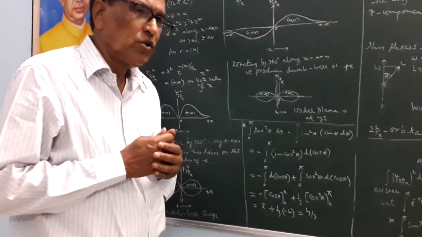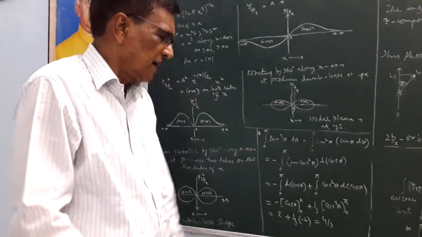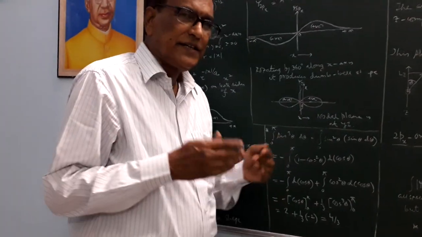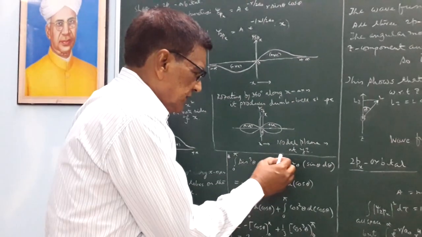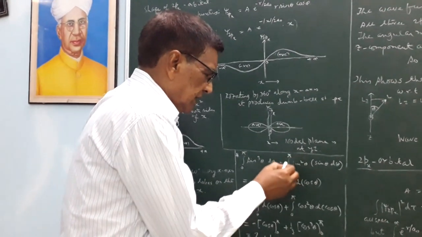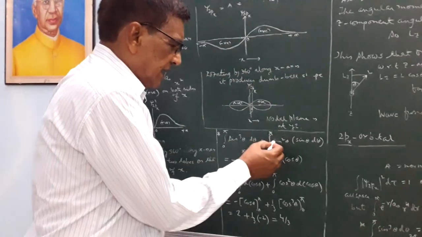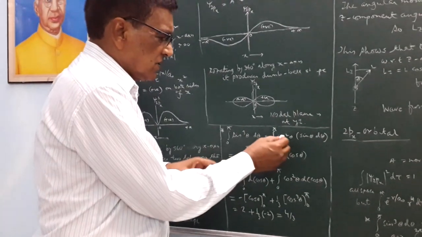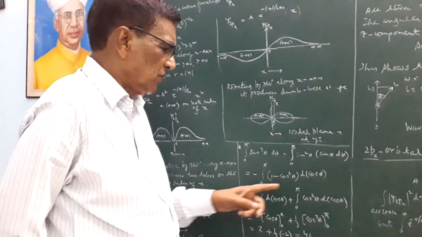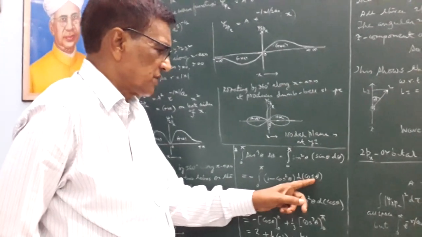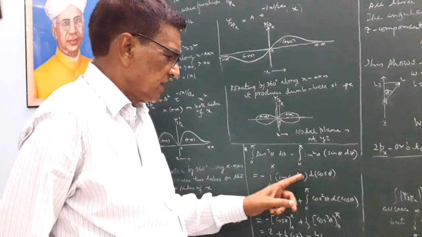Now I shall show the integration from 0 to pi of sin cube theta d theta. This integration is a little bit complicated, so I do it here in a very simple way. The integration from 0 to pi of sin cube theta means sin square theta and sin theta d theta, and sin theta d theta equals minus d cos theta, and sin square theta equals 1 minus cos square theta.